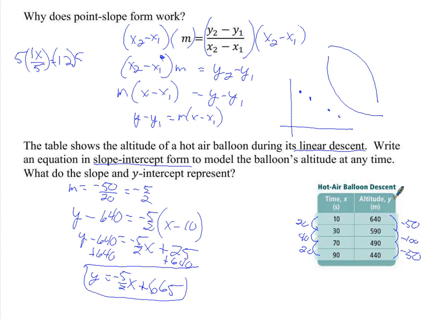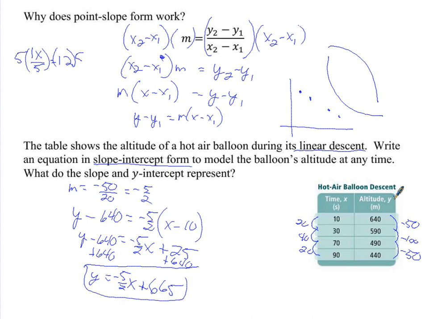So what does the y-intercept represent in words? So how high the balloon was when? What does 0 time mean? When it started to descend, yeah. So in words, the y-intercept represents how high the balloon was when it started to descend.